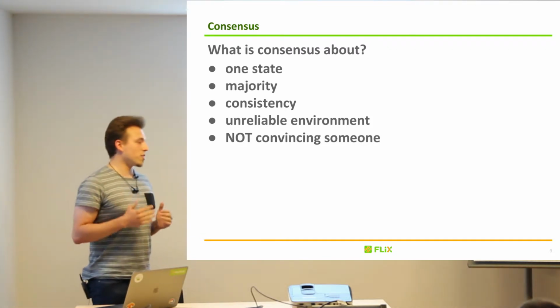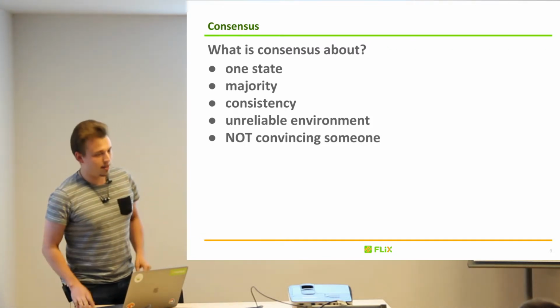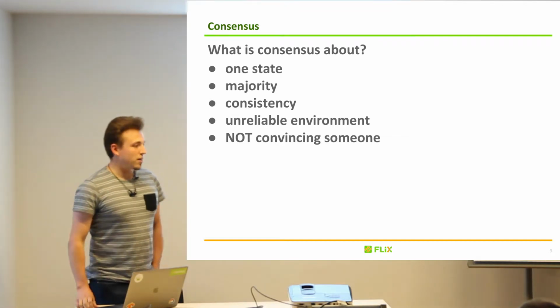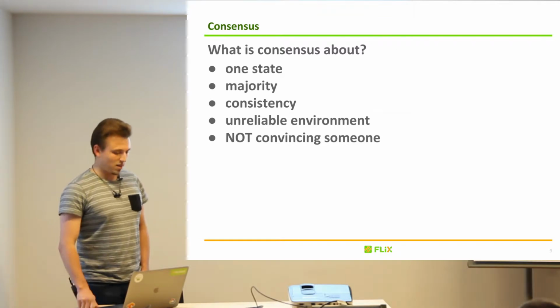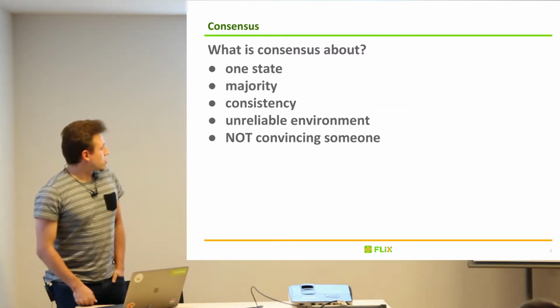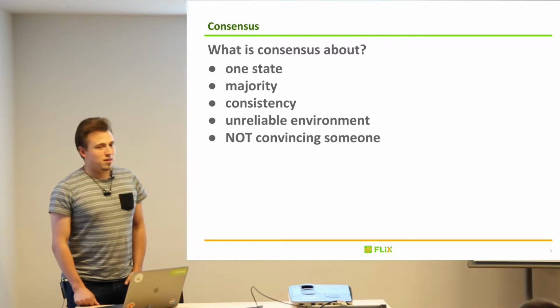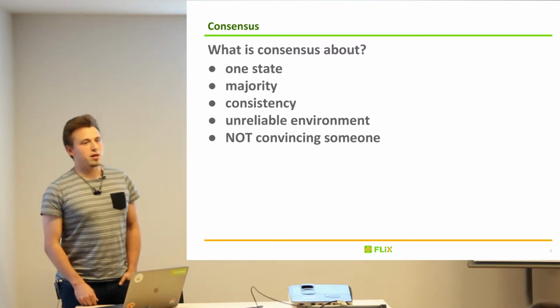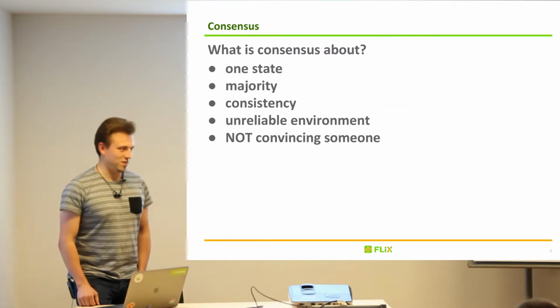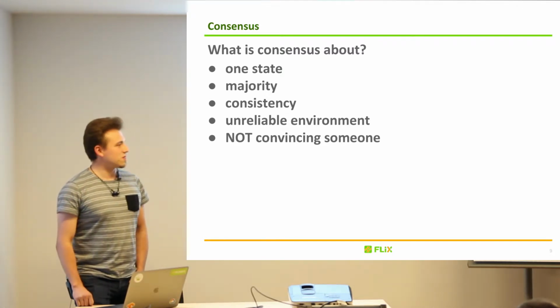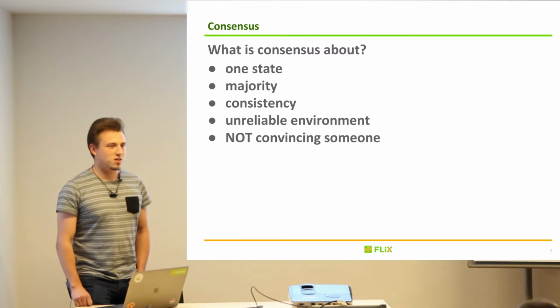And more than half of these nodes usually has to have the latest state, or at least acknowledge the latest state is there. Well, also consistency, and if you are familiar with this term, consistency can mean many things, like more than 4 or 5 definitions of consistency are there.